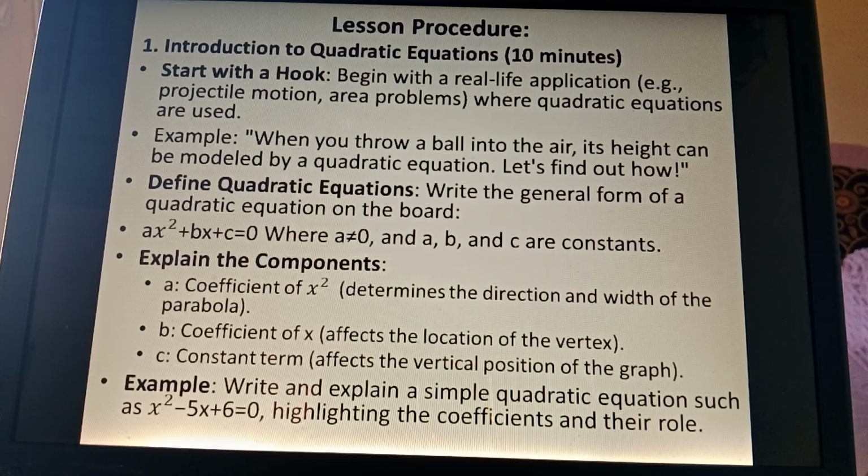Example: write and explain a simple quadratic equation such as x squared minus 5x plus 6 equals 0, highlighting the coefficients and their role.